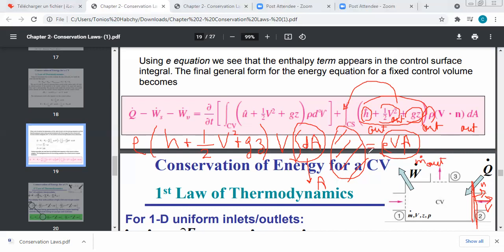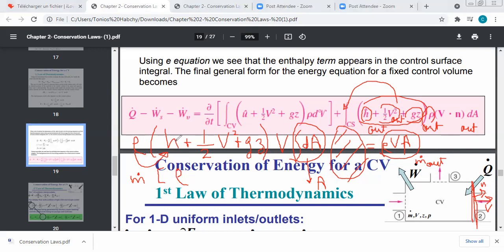Times this term. If you take rho inside, you will get the following. It's m dot times rho times h.